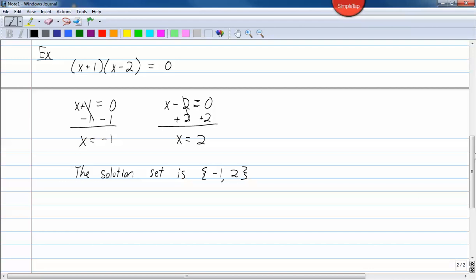Okay? Most of the time, you're not given everything in factored form like that. Most of the time, you will have to factor. Now, there are a lot of different methods of factoring.